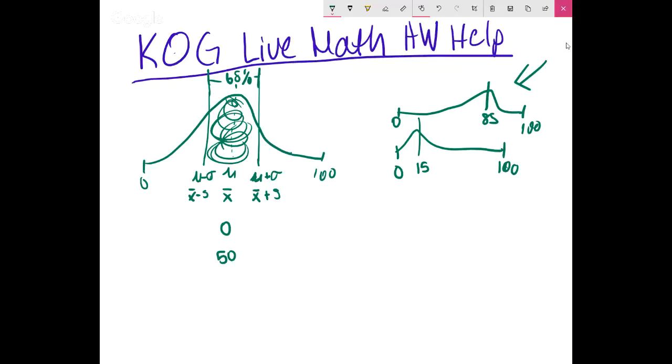So if the mean is 50, then a large amount of people got 55 right, and a large amount of people got 45 right, because that's minus, if my standard deviation is 5. That means it would go up 5 and down 5.